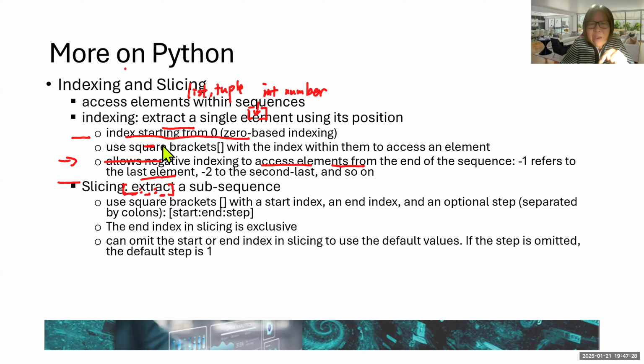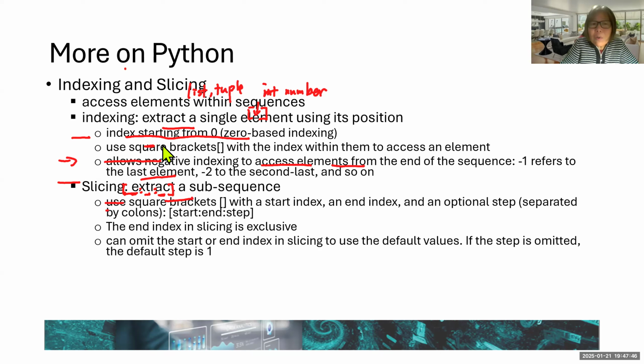So you want every one or every two or every three, that's what step means. Also be careful, the ending index is not included, so it's exclusive. It's half open, so keep that in mind.